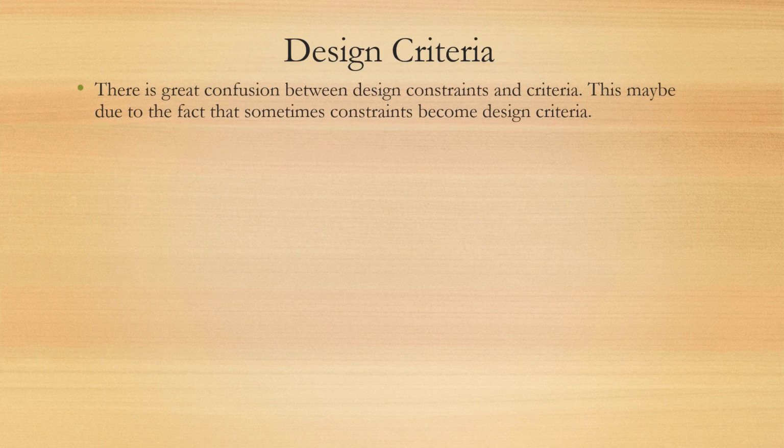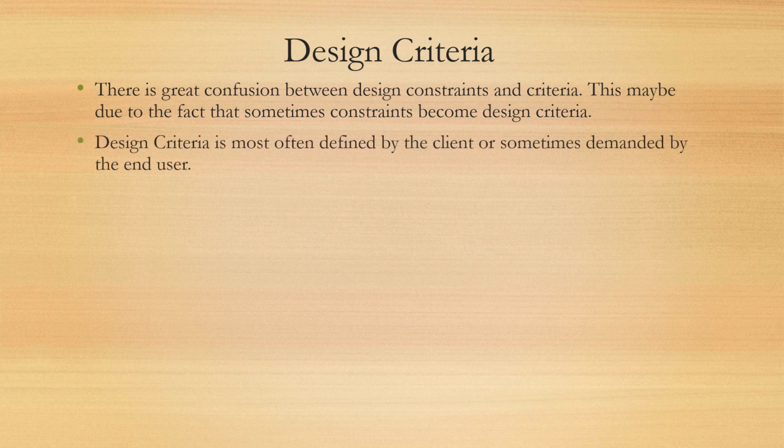So design criteria is similar, and yet there's confusion between the two because sometimes constraints become criteria, and let's take a closer look at that. Design criteria is most often defined by a client. So if a client is hiring a professional designer or a professional engineer to create something, they're going to most often be very clear in the things that they want, the desired features of a design solution, and they might describe those to somebody.